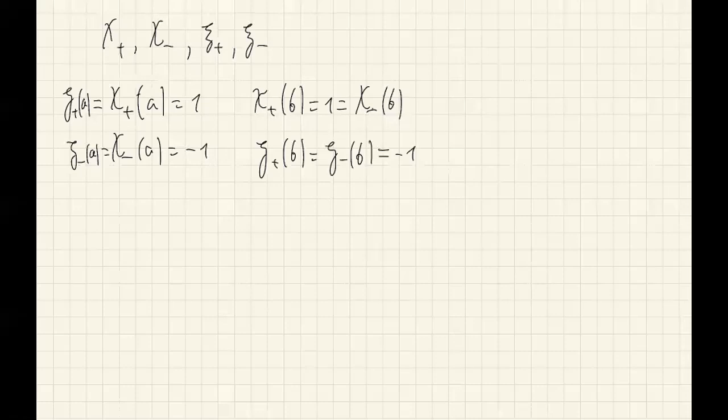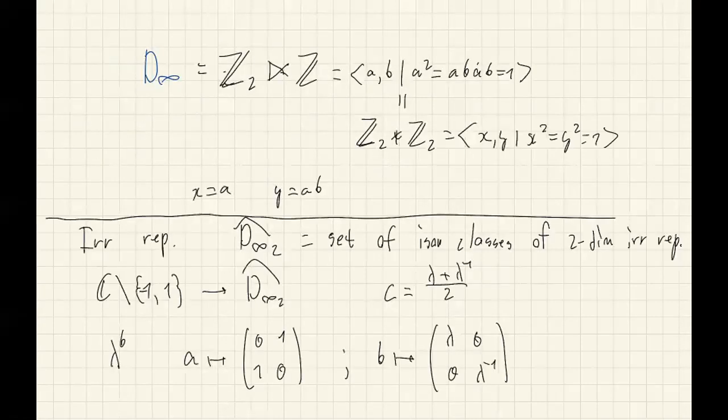So it's 2 pairs of characters, and we attach these characters to two-dimensional representations as double points to these holes. As we can see here, the eigenvalues of B equal lambda and lambda inverse.